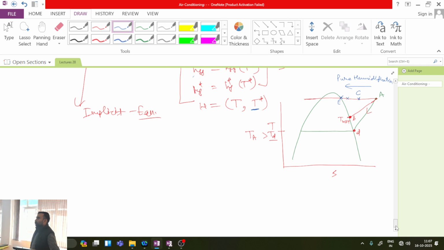what we do, we try to frame some property diagrams with the help of which we can directly refer to that property table or property diagram. Like for steam we go for the Mollier diagram. Have you heard of Mollier diagram?